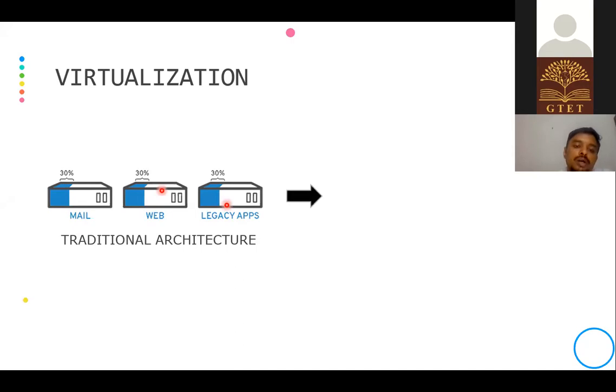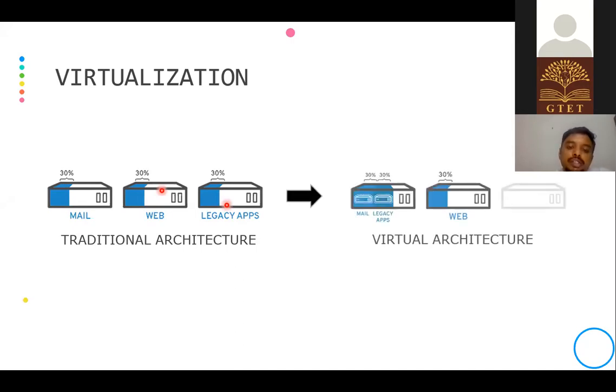But with virtual architecture, you can divide one server into three different parts and have all of them run on one, while the other servers are completely free to be used by somebody else. So this is making efficient utilization of the same available infrastructure.